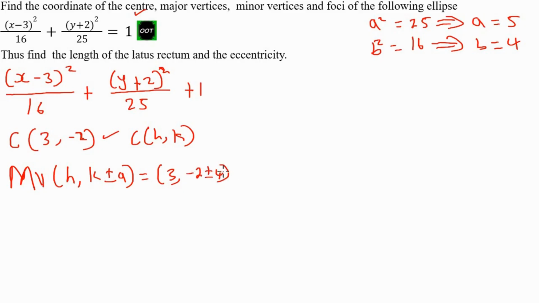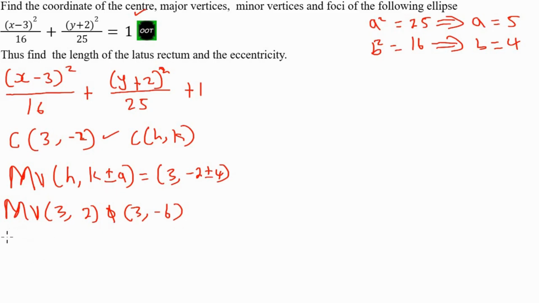So I need to express this and simplify. So MV, I need it in capital letter. The major vertices would be, the first one will be 3, comma, minus 2 plus 4, that's plus 2. And 3, comma, minus 2 minus 4, that's minus 6. So this is the coordinate of the major vertices.